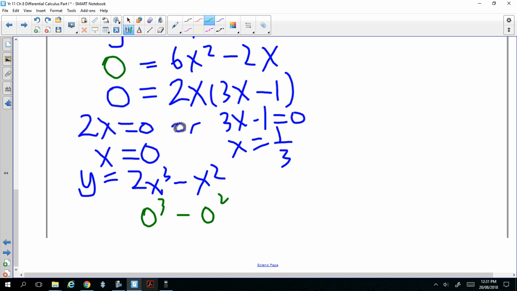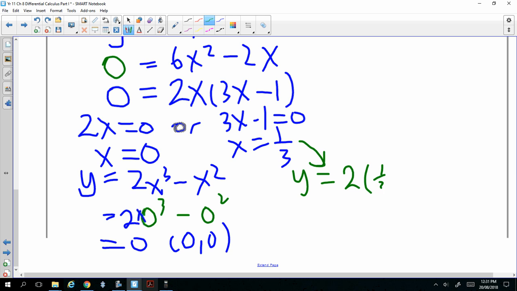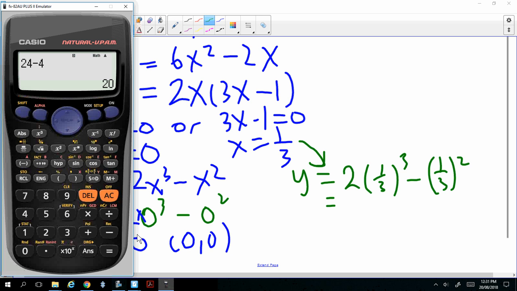And then the other one, you substitute into the formula and use your calculator. One divided by 3, to the power of 3, minus 1 divided by 3, close bracket, square.